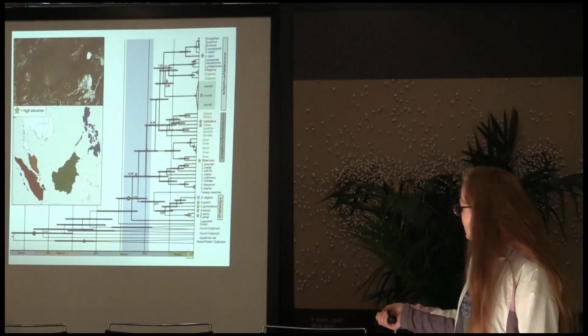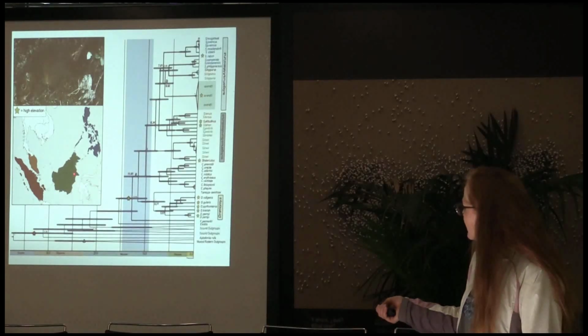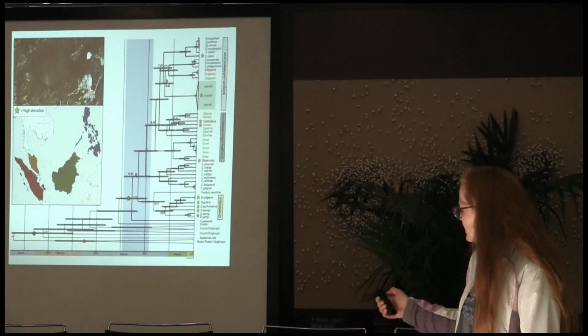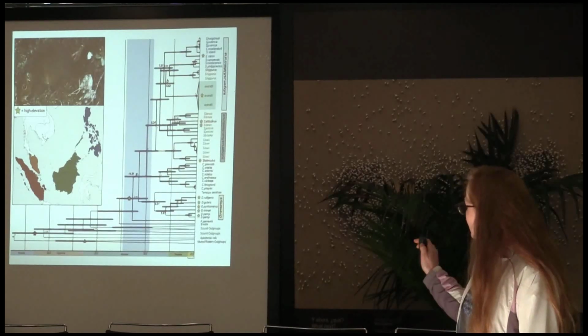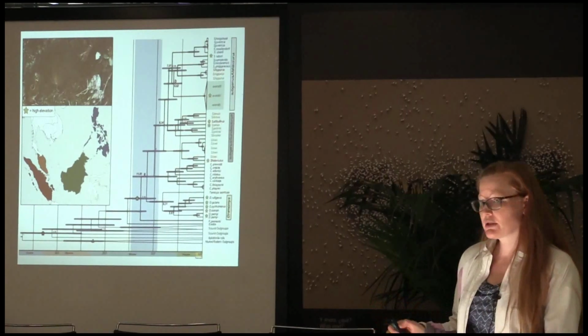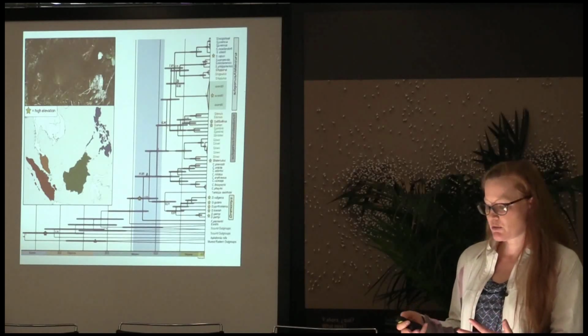And so we looked to see how the squirrels in this area called Sulawesi are related to the ones on the other side of this biogeographic line called Wallace's Line. And so this work on the Dromomys is with mitochondrial DNA, which is easier to work with in historic materials.